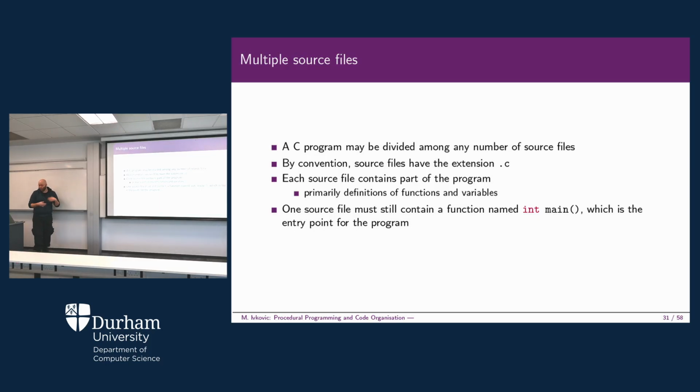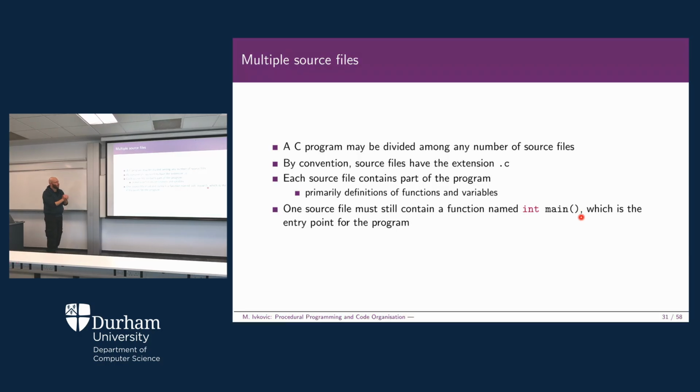Now, each of these source files will contain parts of the program, which primarily will be definitions of functions and variables. But one of the laws which you need to follow, otherwise the compiler will be very confused: if you want to create an executable file, an application which you can execute, one of these source files must contain a function called int main, because that's going to be the starting point of the program by definition of the language.